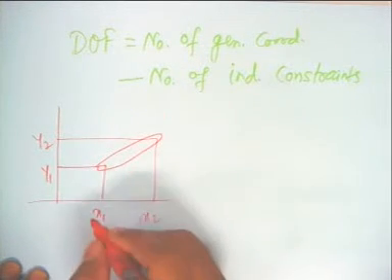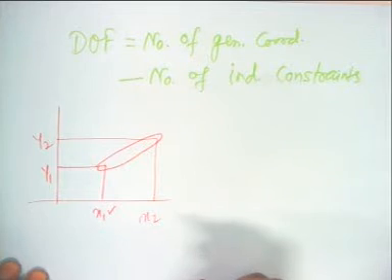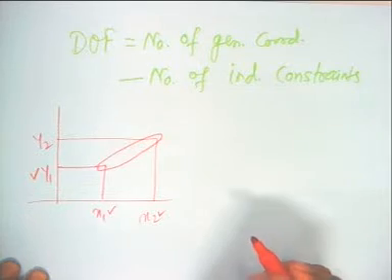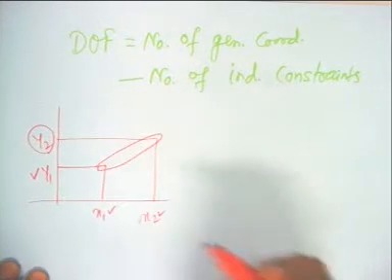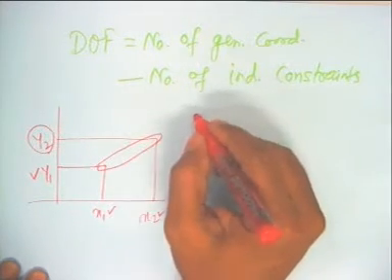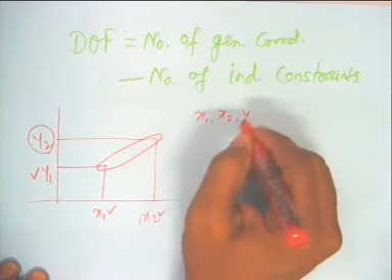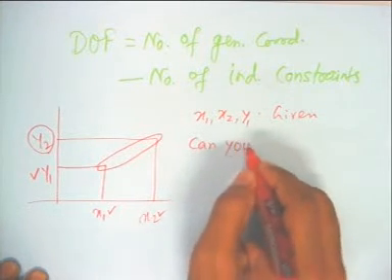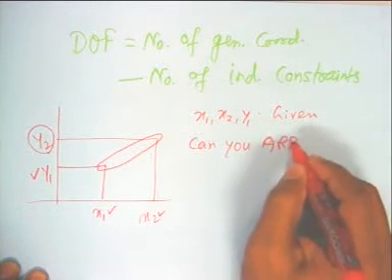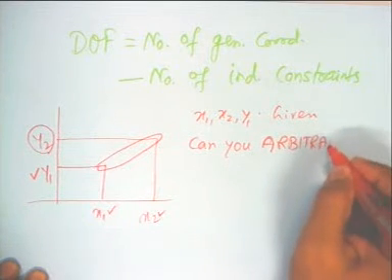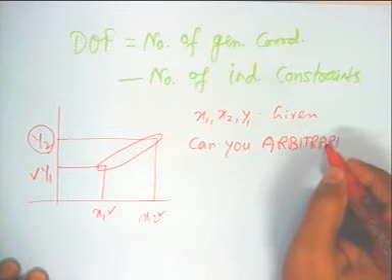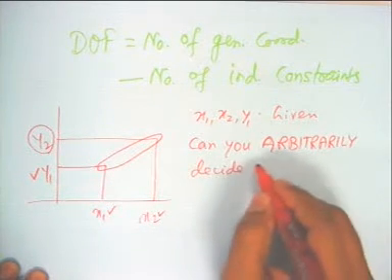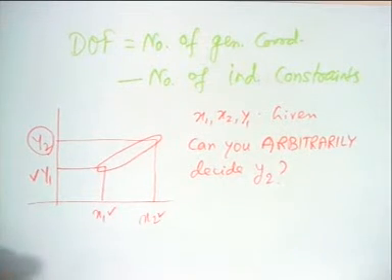Think carefully. If I specify x1, x2, y1, can I arbitrarily decide y2? The answer is no.